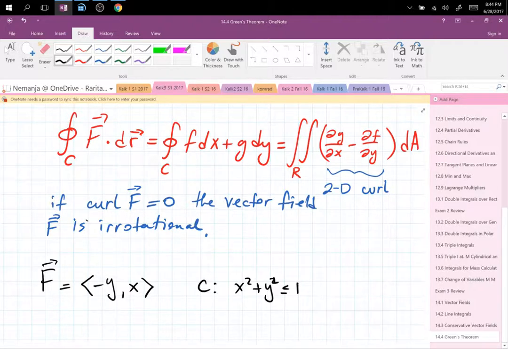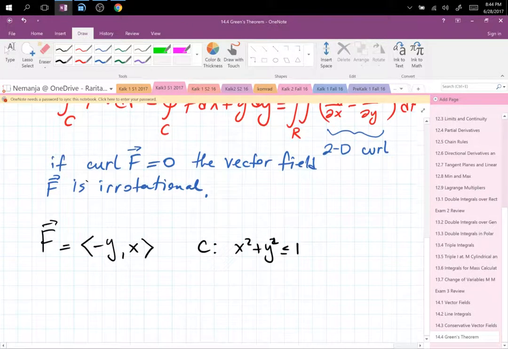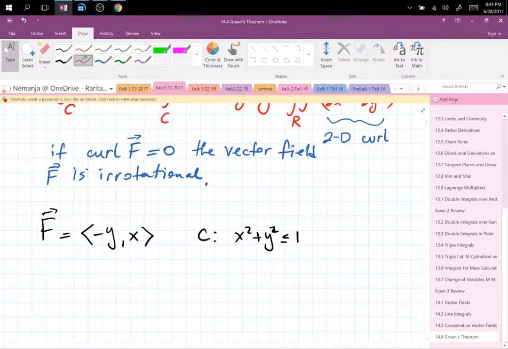So now what do I do? All I need to do is compute the curl of this, and as soon as I compute the curl, I just integrate that on the region. The region is a circle, so clearly we're going to use polar because that's going to be a joke. So this is F, this is G, right?